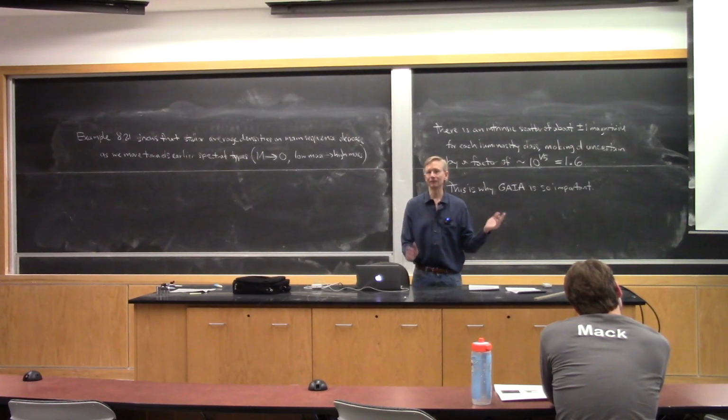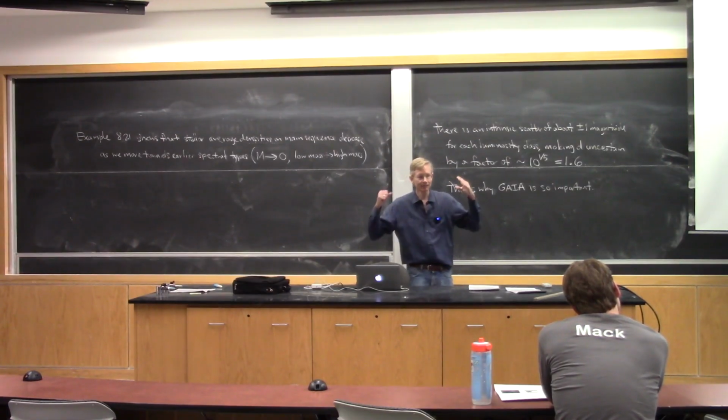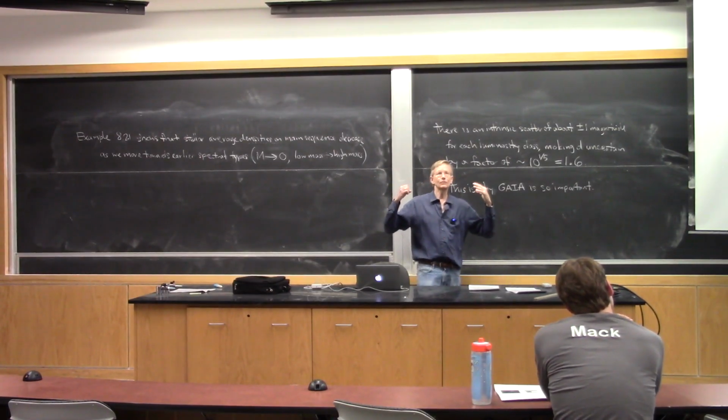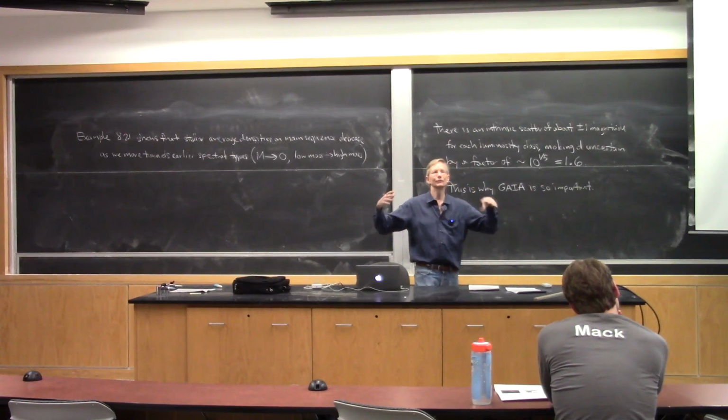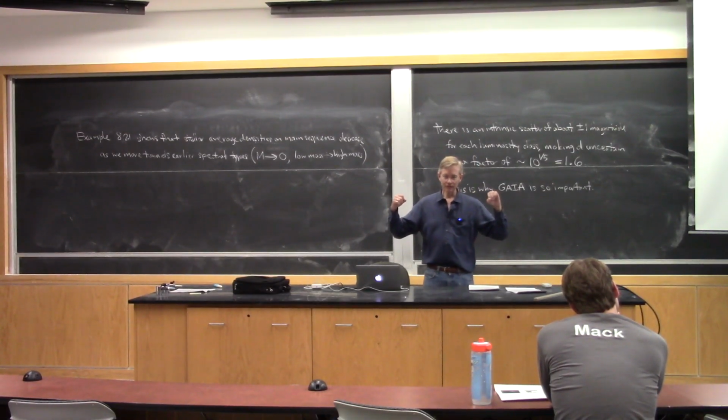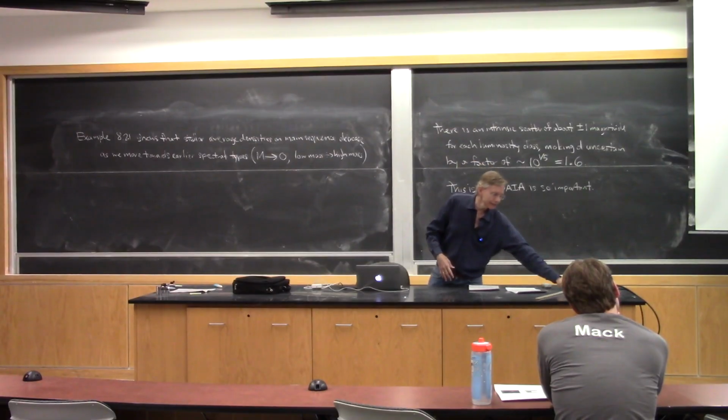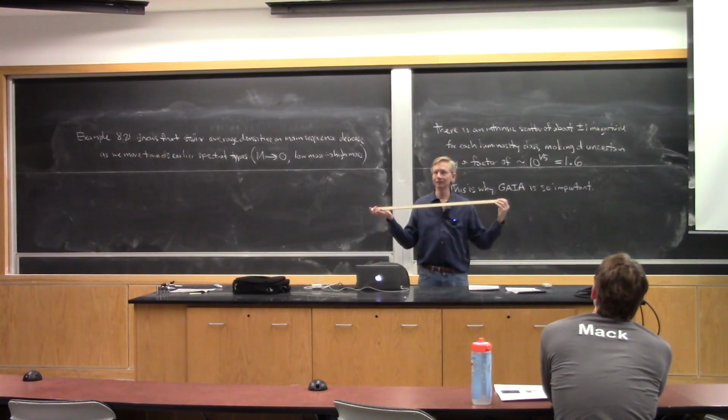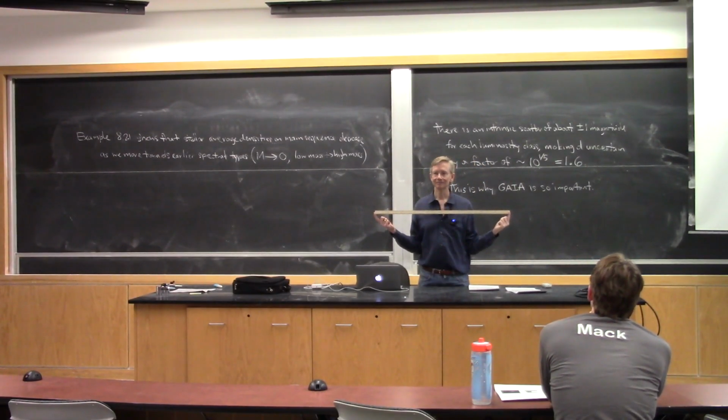Here's another one, right? And I think it's worth having these kinds of things in your head, right? Don't confuse million and billion and trillion. They're very different things. So, how many millimeters are there in a meter? 1,000, right? Okay.